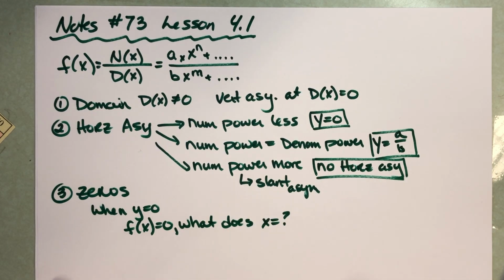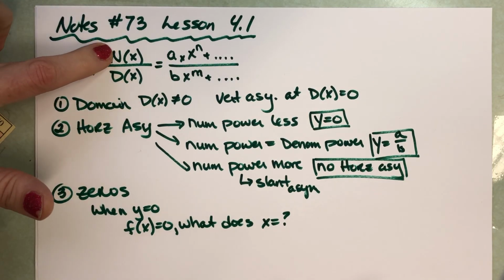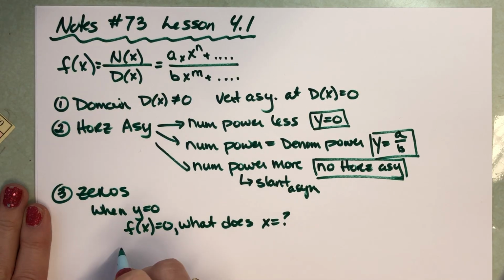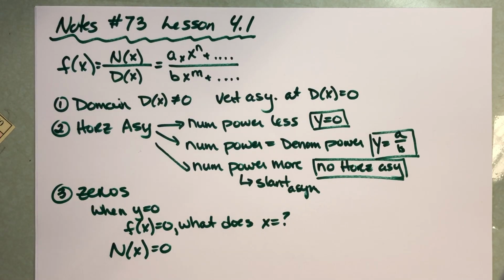What does x equal? Which really means, what does our numerator equal? So when does n of x equal 0? We're going to set that equal to 0 and solve. All right, so in your fractional functions, you're thinking about your domain, your horizontal asymptote, and your zeros.